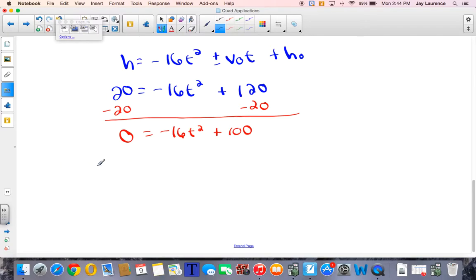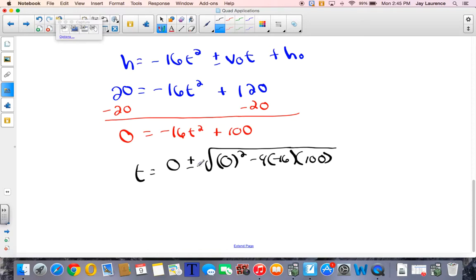So let's see here. t equals the negative of b plus or minus the square root of b squared minus 4ac, and that's all over negative 32 again, 2a, right?